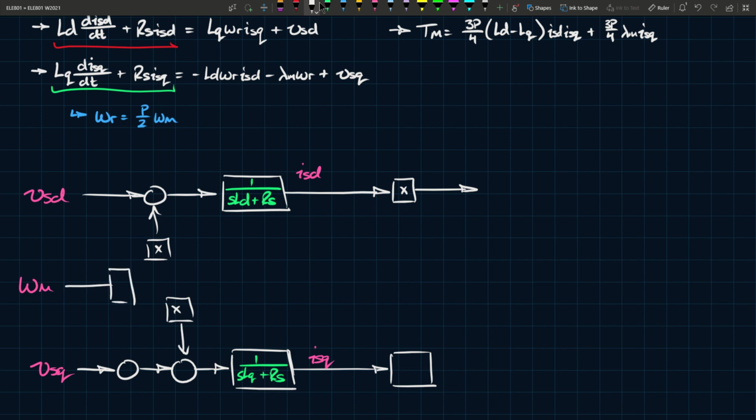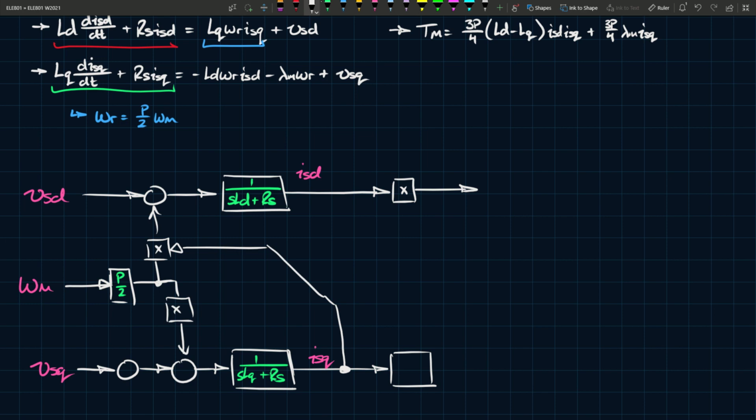Omega m goes into a P over 2 block, and the output of the P over 2 block goes to both of these multipliers, and then the multipliers are multiplied with the current of the opposite side, because that's the LQ omega R ISQ term and the LD omega R ISD term. So we're accounting for those as well.